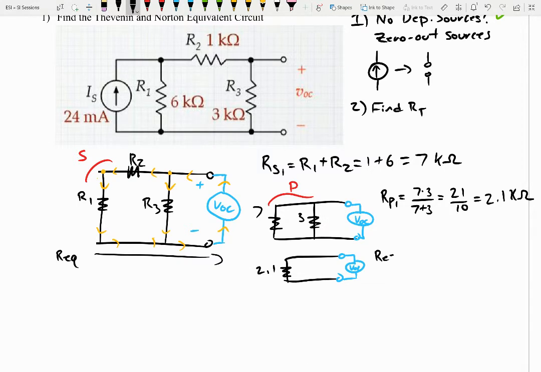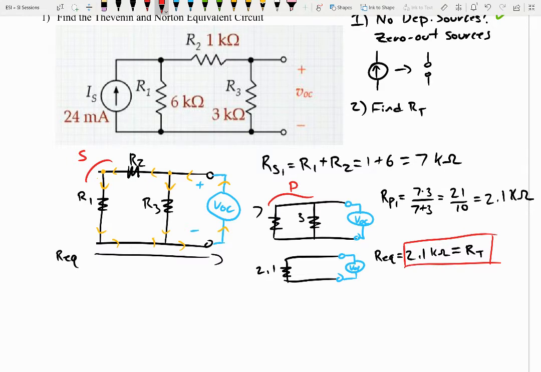So our equivalent is 2.1 kiloohms. Since we only have the one resistance, that'll be our R Thevenin. So this is one part. But we need two parts. We need to know either the Norton current or the voltage.